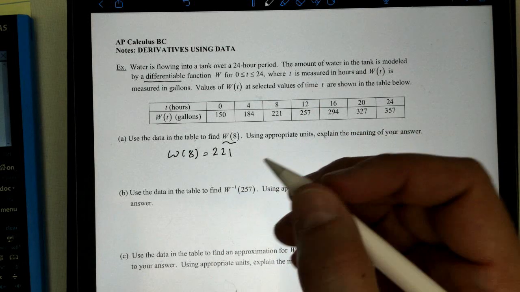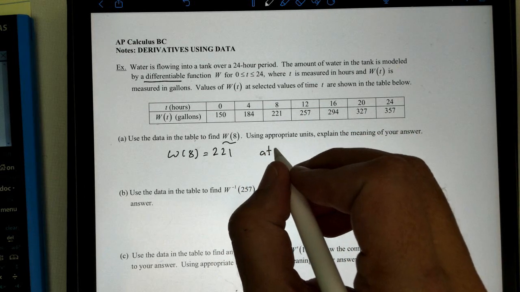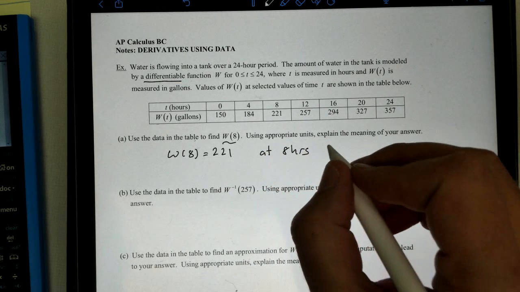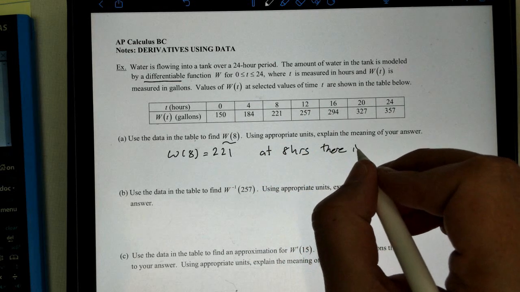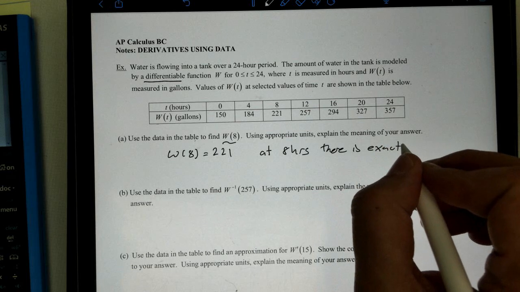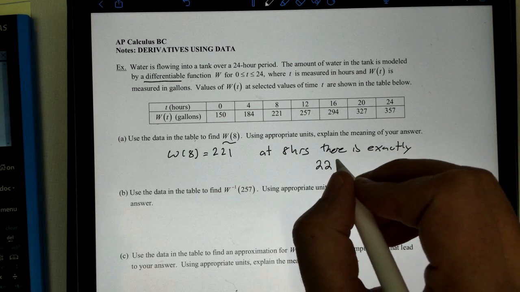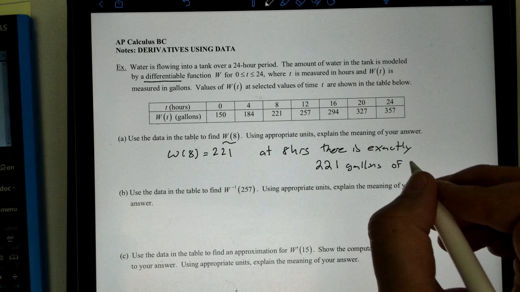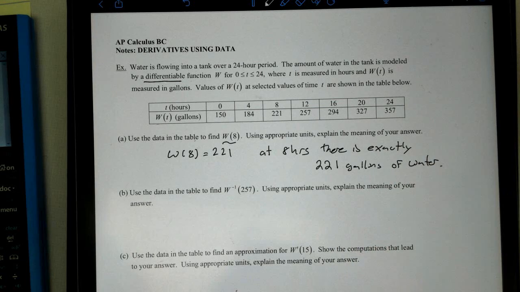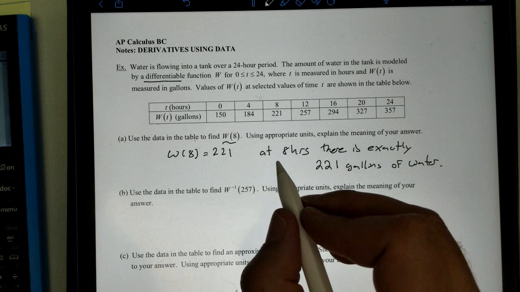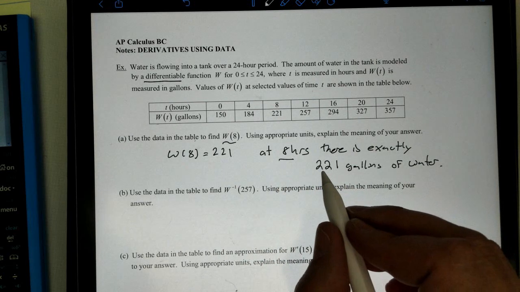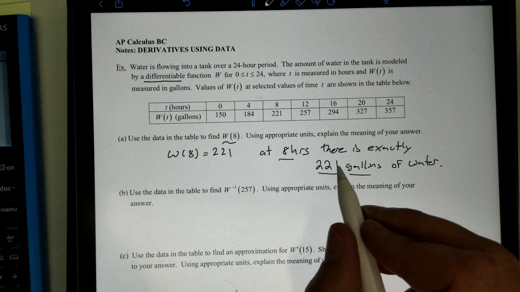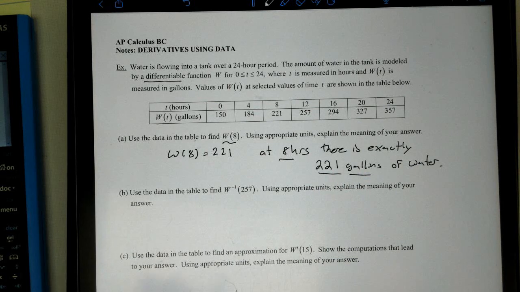Well, this is just telling us that at 8 hours, there is exactly 221 gallons of water in the tank. So at 8 hours, now notice what I said, I'm using the time, at 8 hours, there's 221 gallons, and don't forget your units, of water.